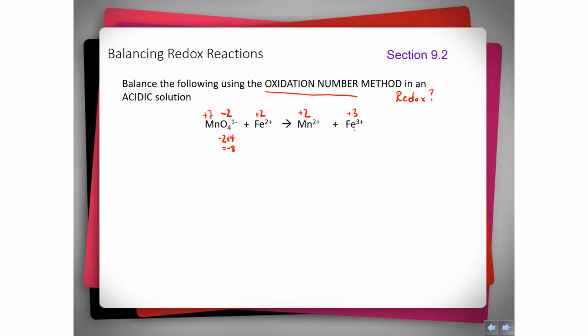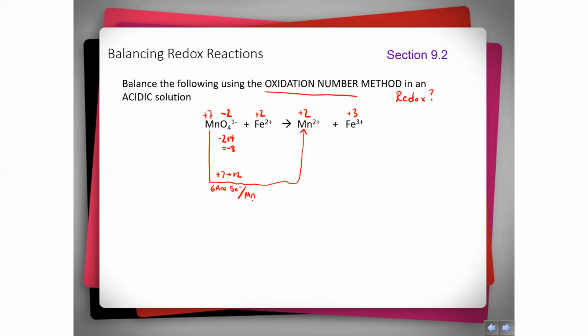So let's go through this and identify if something was oxidized and if something was reduced. So it looks like manganese went from +7 to +2. So +7 to +2, that represents a gain of 5 electrons for every manganese ion.